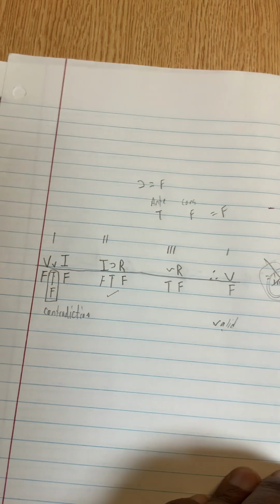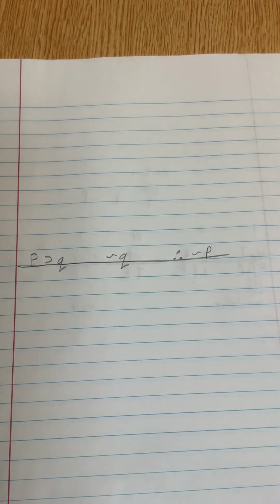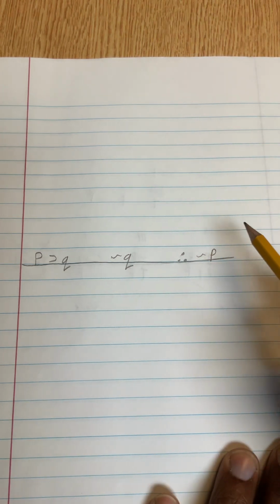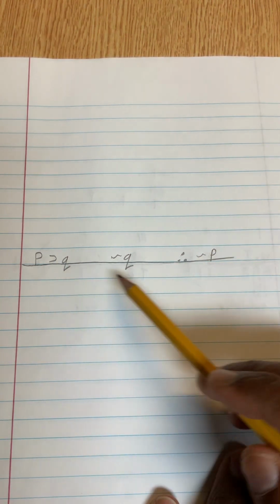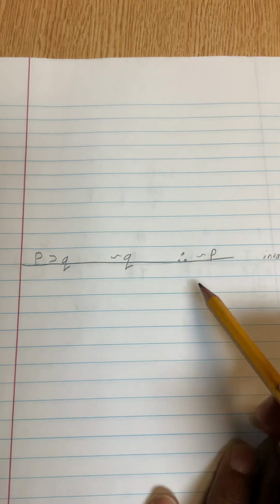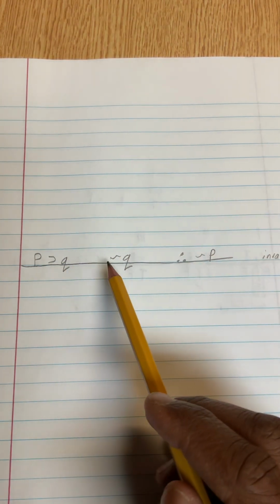Okay, let's move over to one more. This is also in our book, and it is on page 55, the next page. It's the top scenario. A little bit easier this time. I put my line in here. I'm going to say this is invalid. I'm guessing, assuming. In order for it to be invalid, I must do what about these propositions?